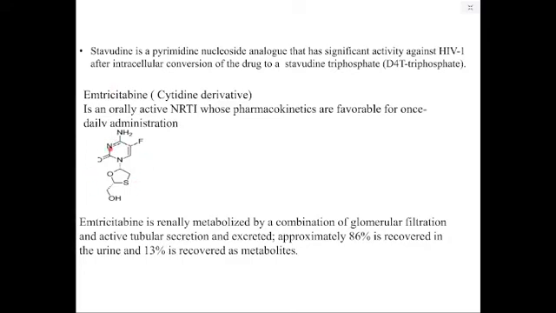Indeed, this is cytosine, so it's a cytosine derivative, and it is an orally active nucleoside reverse transcriptase inhibitor whose pharmacokinetics are favorable for once daily administration. That is quite favorable. And indeed, you will find it in quite a number of the ARV combinations.